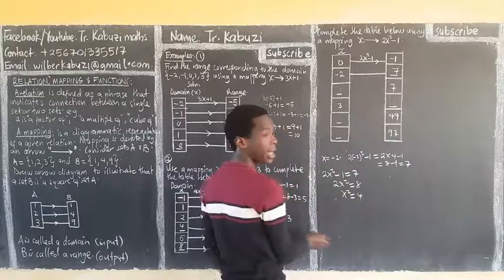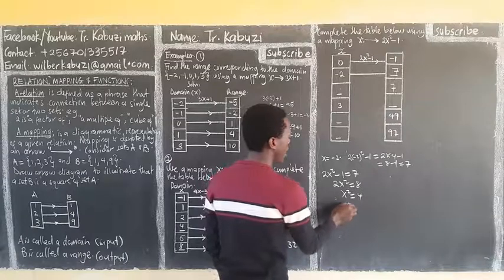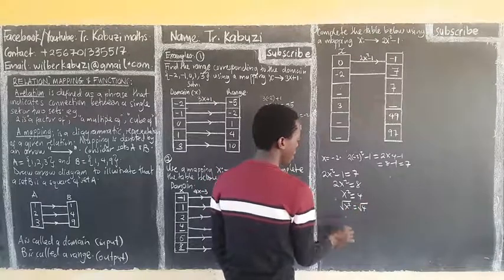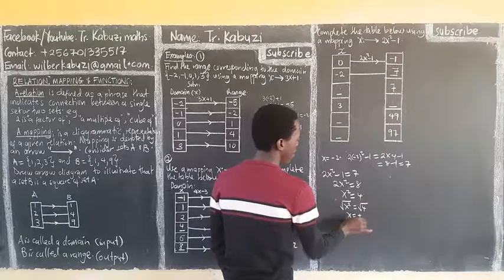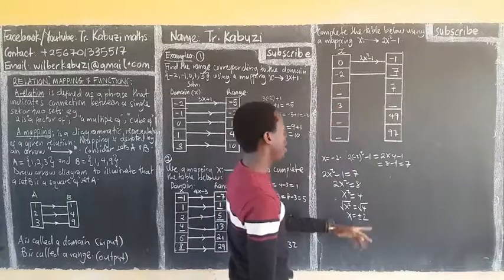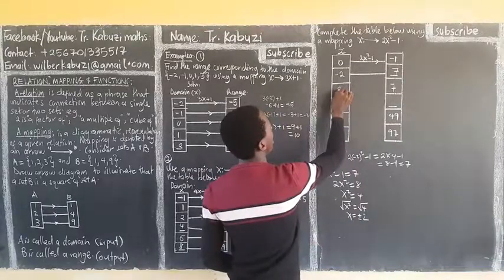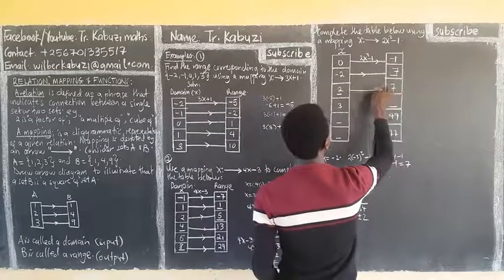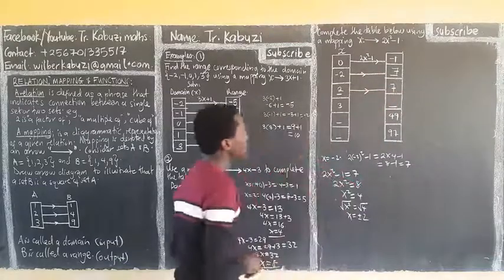Now to get this, I get a square root. So my x squared, get the square root of this, also the square root of 4. So my x will be plus or minus 2. And so I take the positive here. It shows me that this maps to that, and also this maps to that.